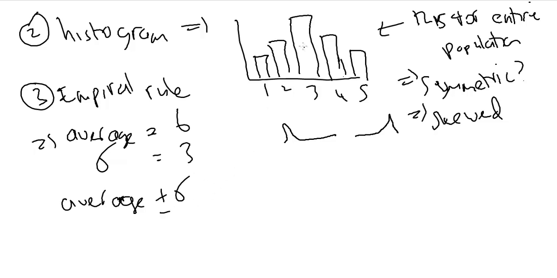So if, say, whatever this data is, 1, 2, 3, 4, 5, if the mean is 3 and the standard deviation is 1, then the data which is 2, 3, or 4, like that central block, so the average plus or minus one standard deviation, that contains 68% of the entire population.